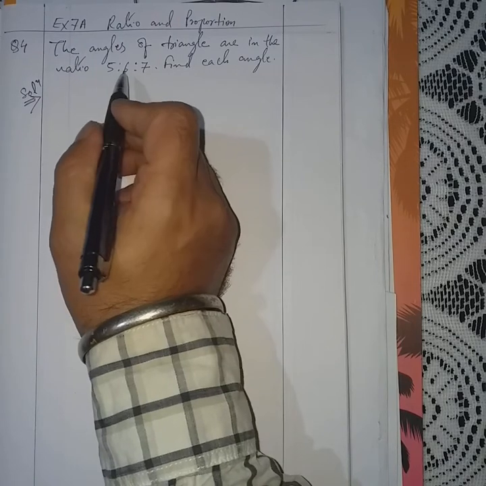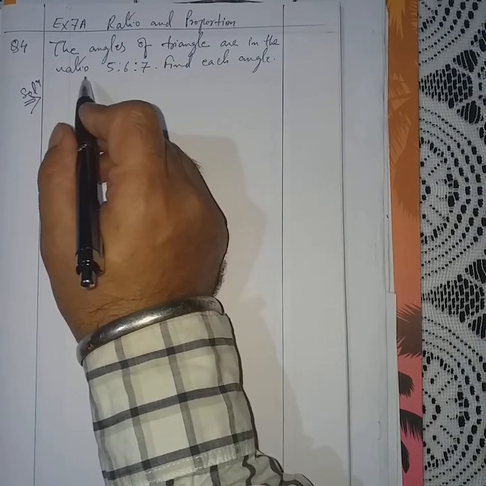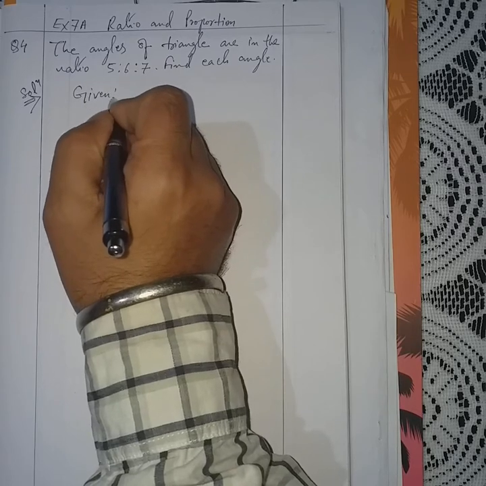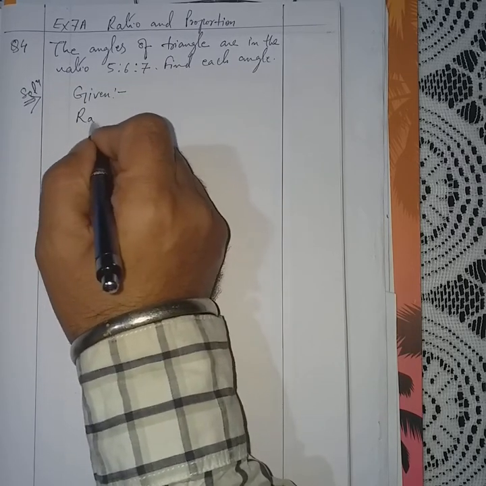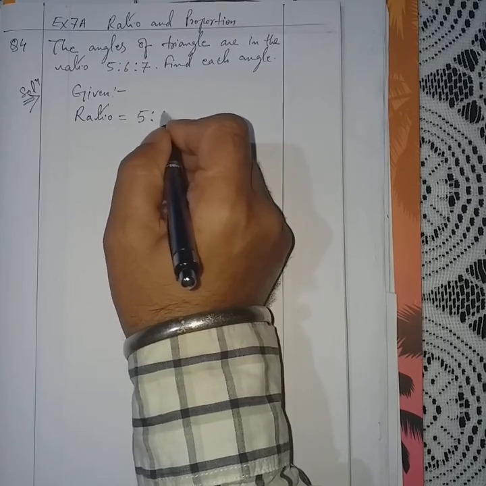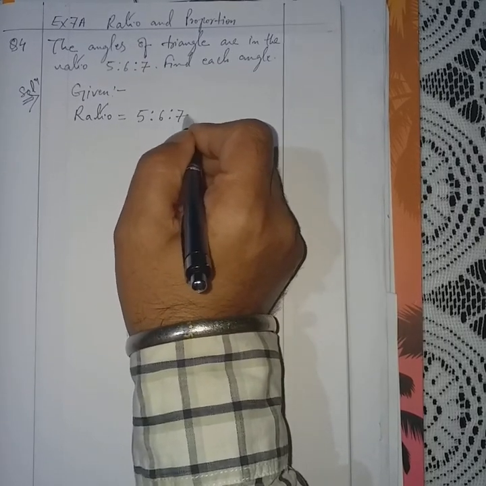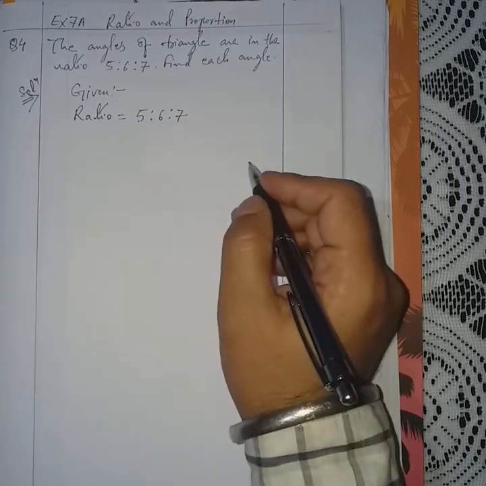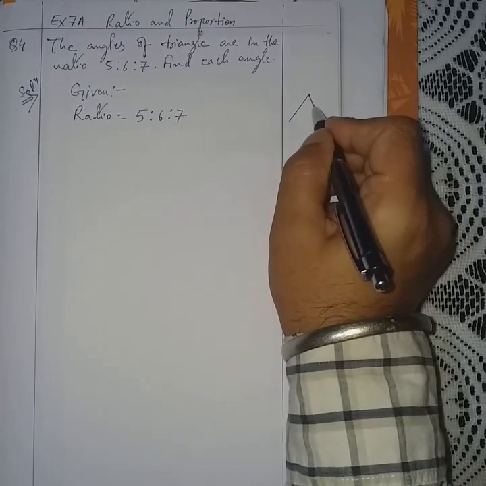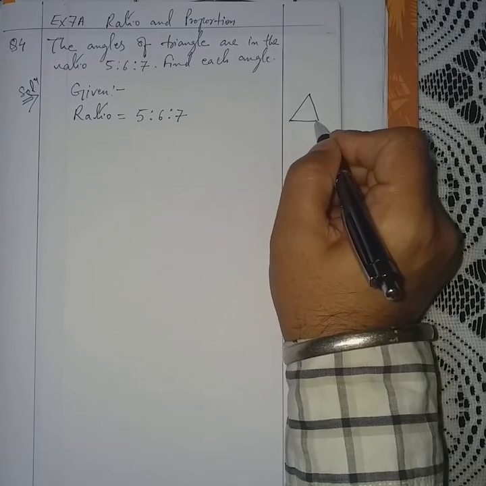First we'll see in the question what is given. Ratio is given, so we write given ratio is equal to 5:6:7. Now this is a triangle.